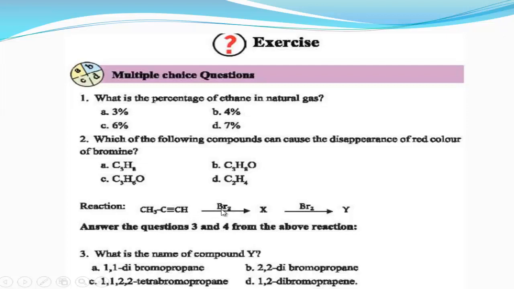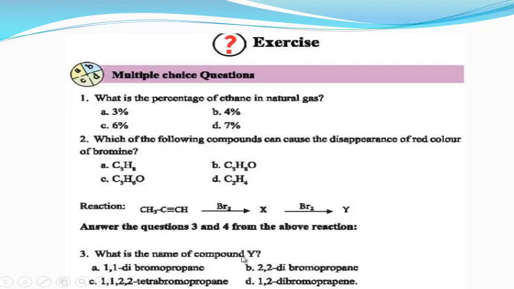atoms. So here, for the name of Y, these two bromine atoms again combine with the double bonded carbon atom. So actually these two bromine atoms are combined with this carbon and with this carbon.